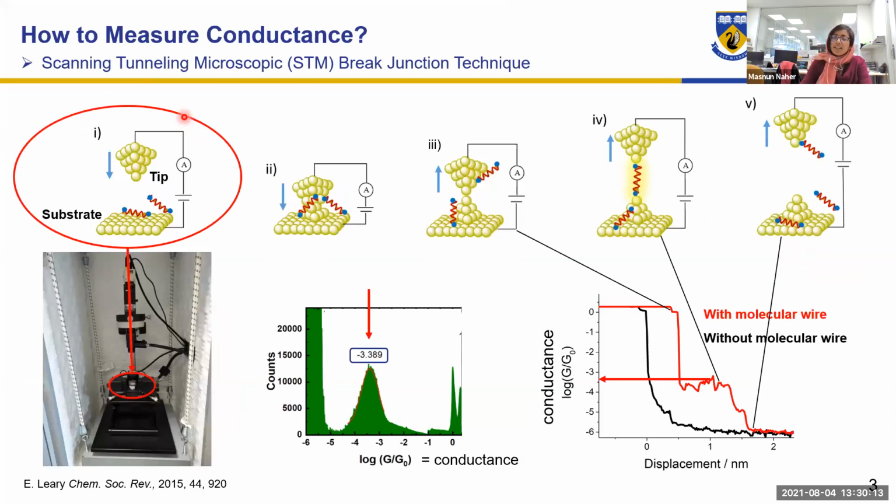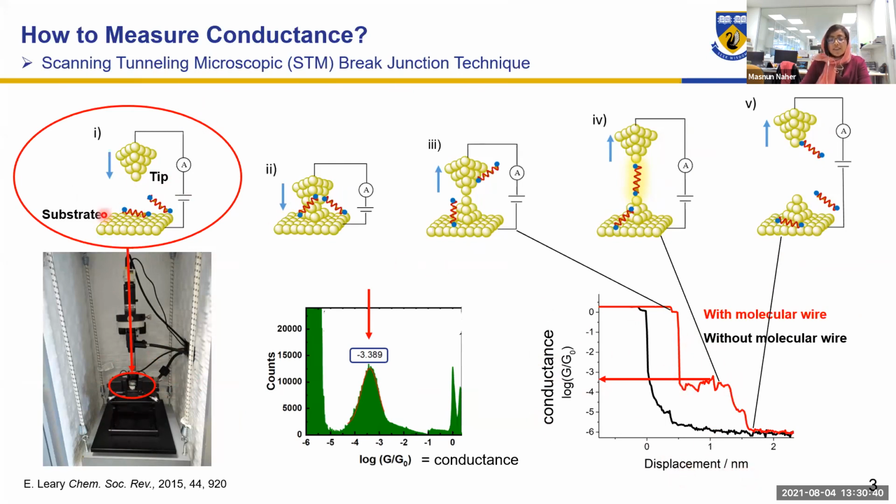One of the most widely used techniques is the scanning tunneling microscope based break junction technique. Here is the STM instrument from our lab. If you magnify this region, you can see it consists of two electrodes. The top one is called the tip, the bottom one is called the substrate. During this measurement, we apply voltage and we measure conductance versus displacement traces.